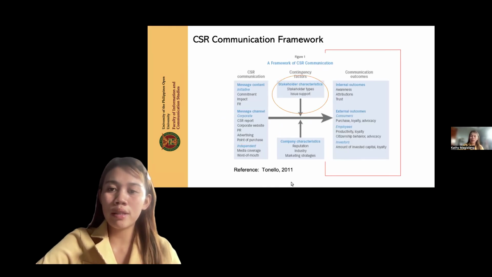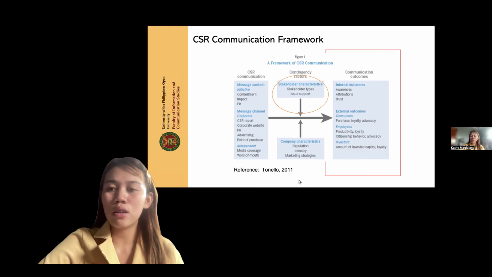Another key component is the audience or stakeholders. It emphasizes that understanding the audience is essential in CSR communication. It states that communication must be tailored depending on who receives the message.